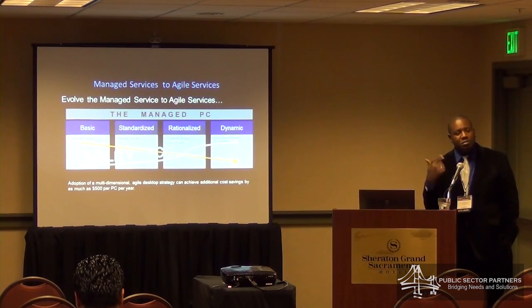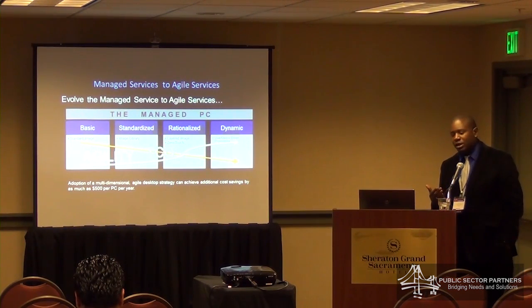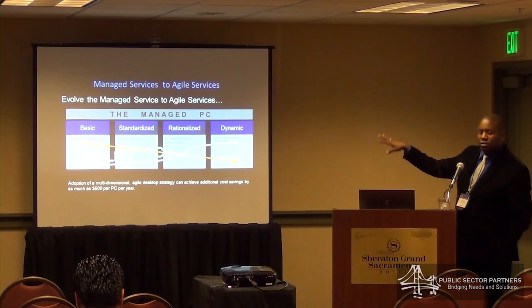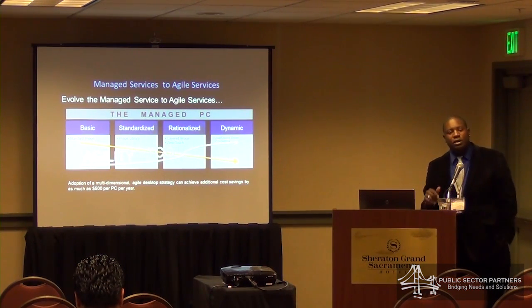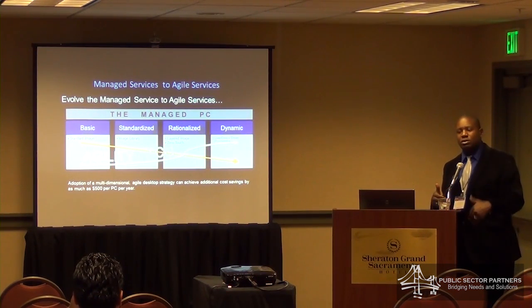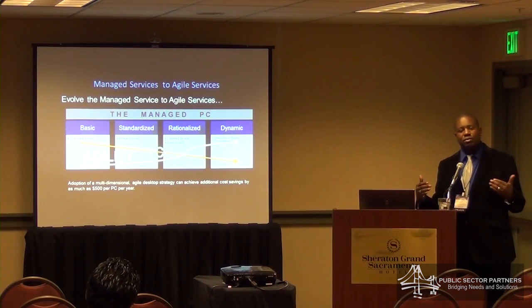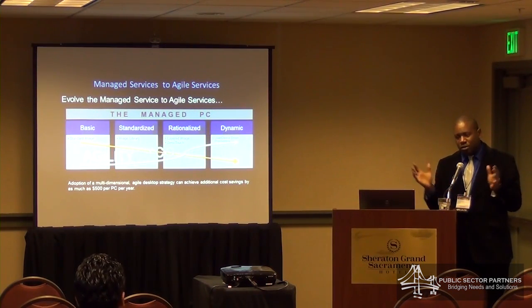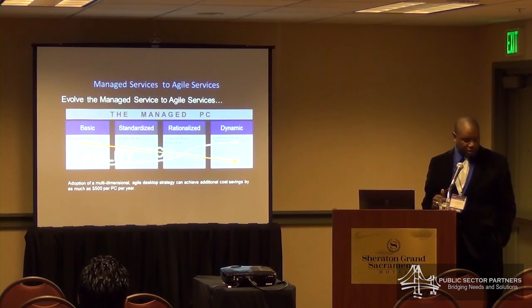Whereas today, because we're going user-centric, we've moved into the agility conversation where I'm adding the dynamic component to the managed desktop, still providing the same level of control and policy capability, but now I've given it the ability to mitigate the risk by being able to compartmentalize and isolate the applications and the desktop very specifically.